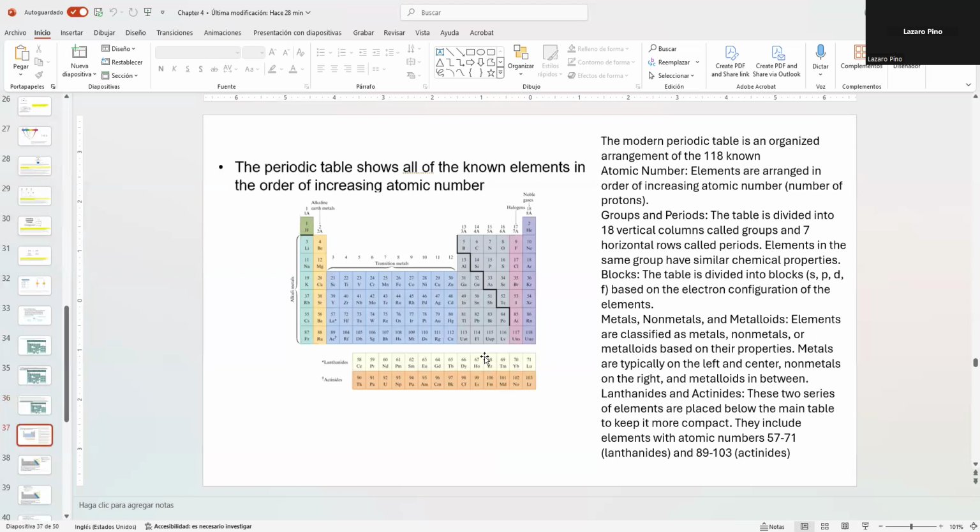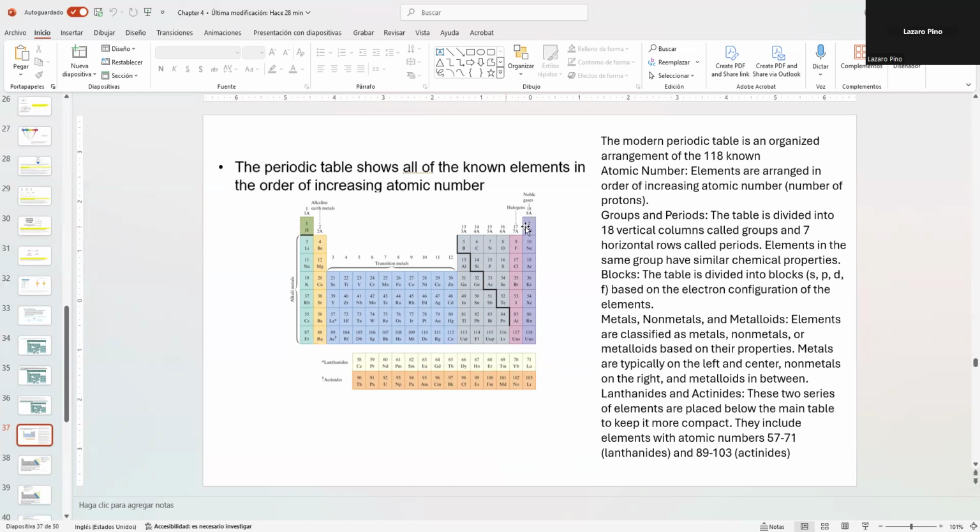The modern periodic table is an organized arrangement of the 118 known atoms. The atomic number is what we take into account in order to give this order.